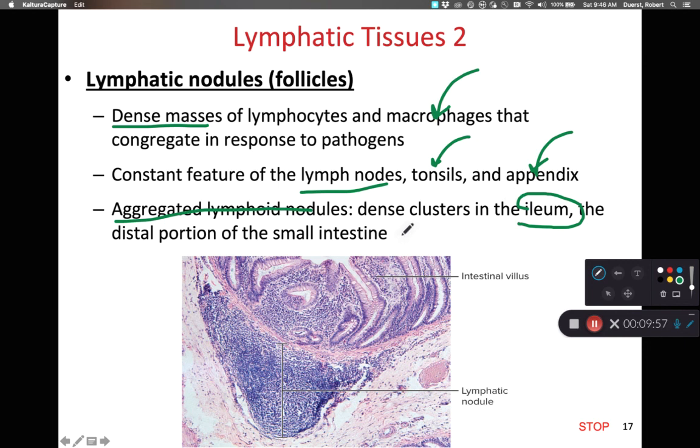And because not all, but just a little tiny bit of feces, and the bacteria associated with that feces flows backwards through the ileocecal valve of the intestinal tract to go from the large intestine into the small intestine, this last portion of the small intestine, the ileum, is going to have lots of lymphatic nodules within them, or MALTs, mucosa-associated lymphoid tissues, and also these lymphoid nodules to help combat pathogens that are traveling backwards from the colon.